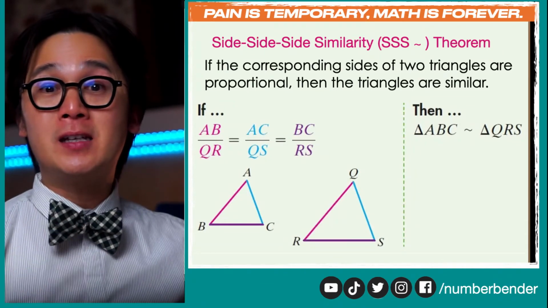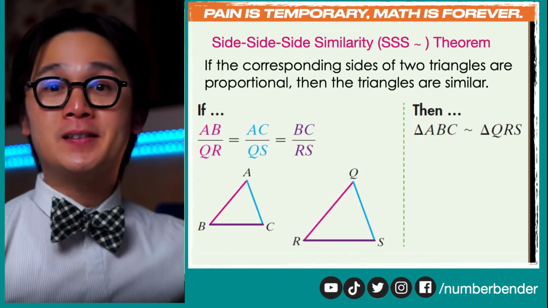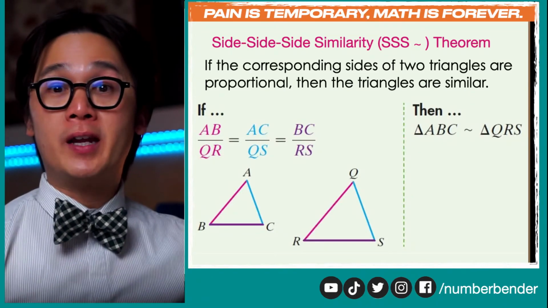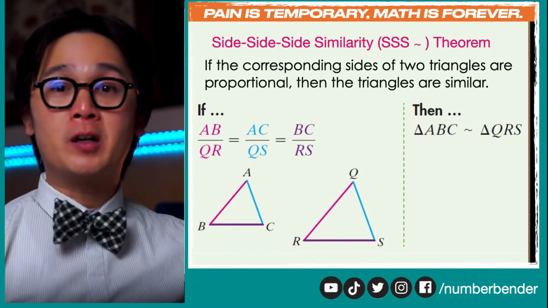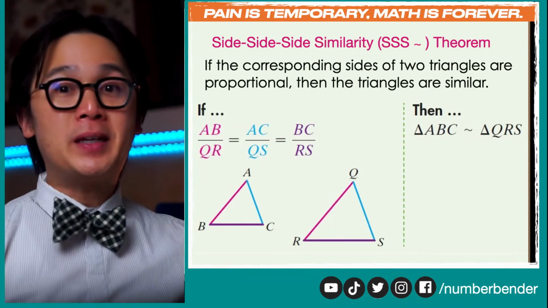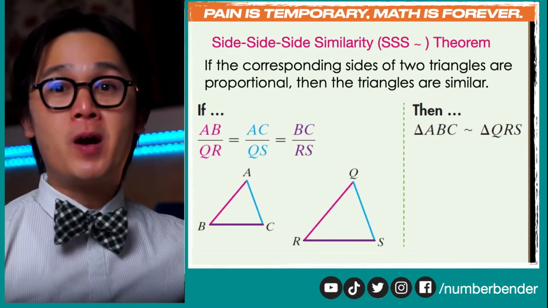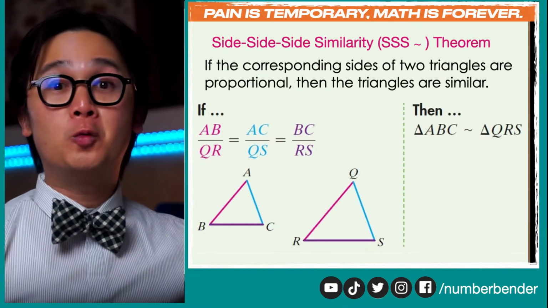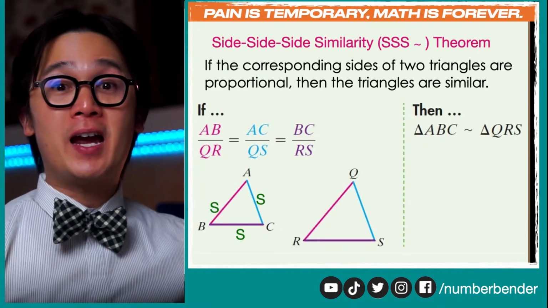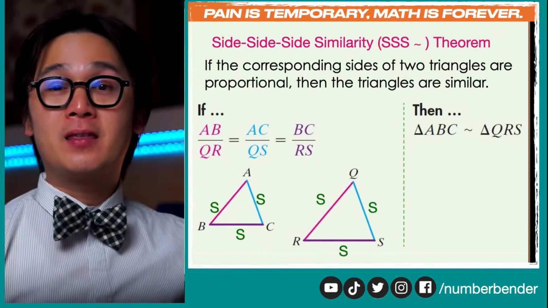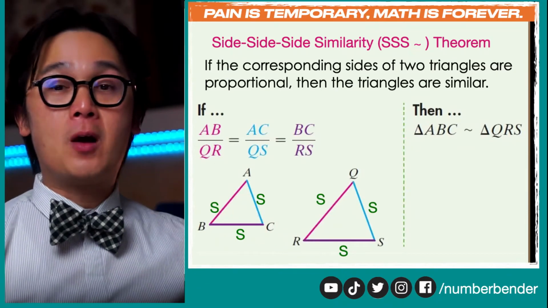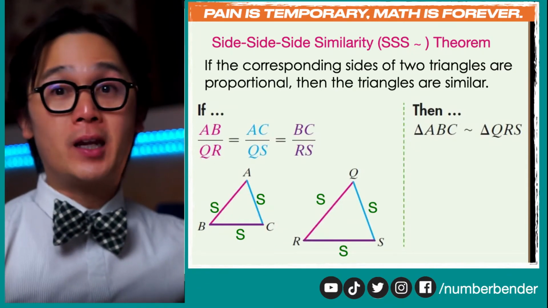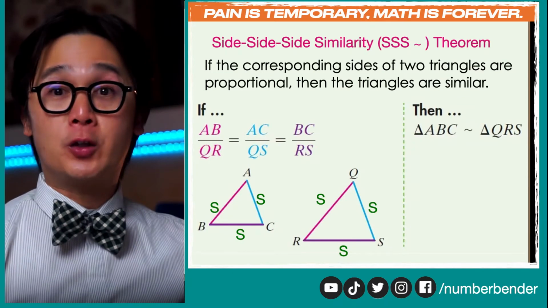And in this case, AB is corresponding to QR, and AC is corresponding to QS, and BC is corresponding to RS, and all their ratio will be the same. So using the side-side-side similarity theorem, we're able to prove that triangle ABC is similar to triangle QRS.